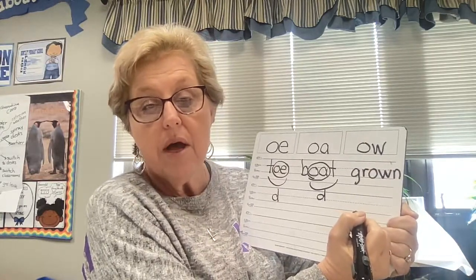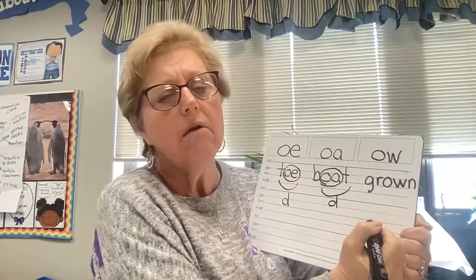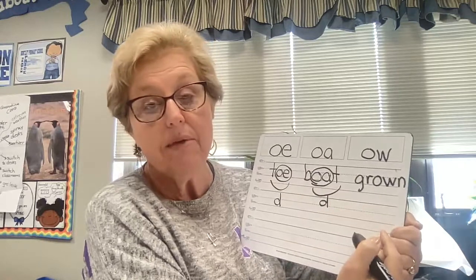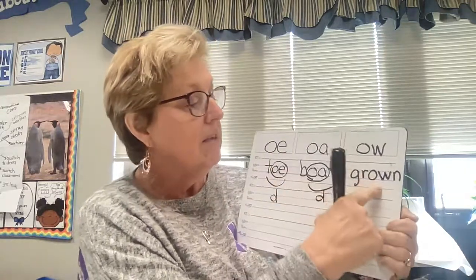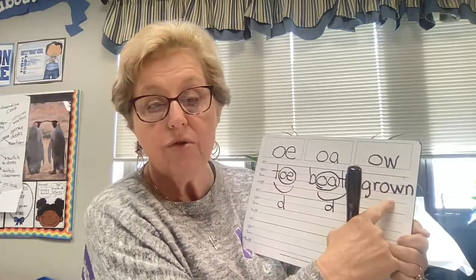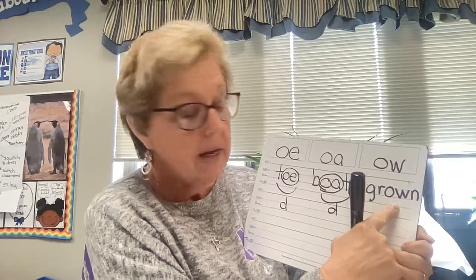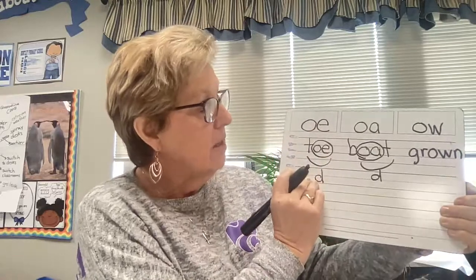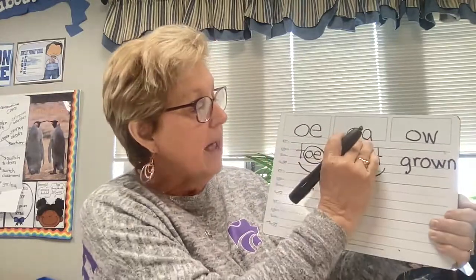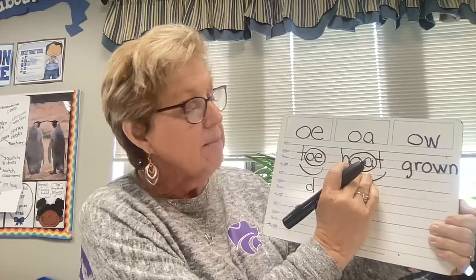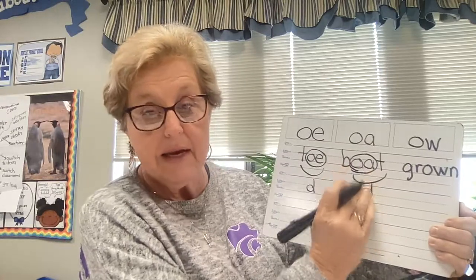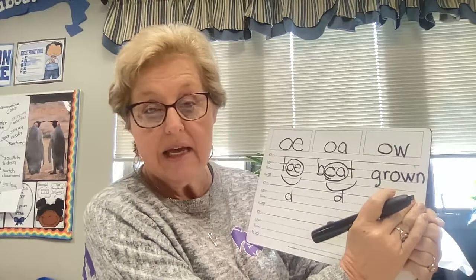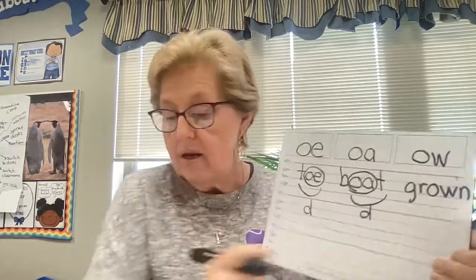We are grown up. Now, if you groan, like, oh, that's spelled differently. That's actually spelled with O-A. But this one, my children have grown up, is with O-W. So O-E, it's always at the end. O-A is usually in the middle, but sometimes at the beginning. And O-W is in the middle or at the end. All right, new slide.